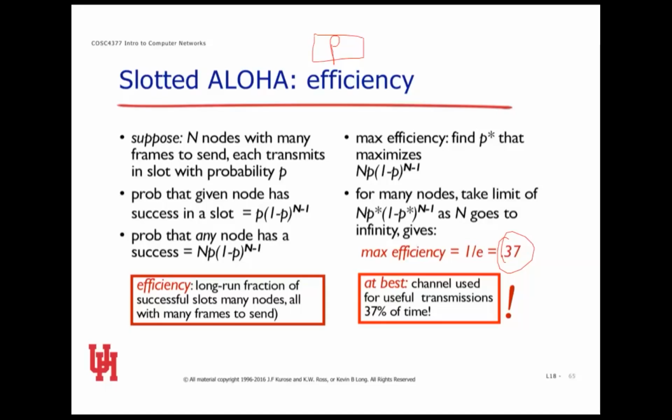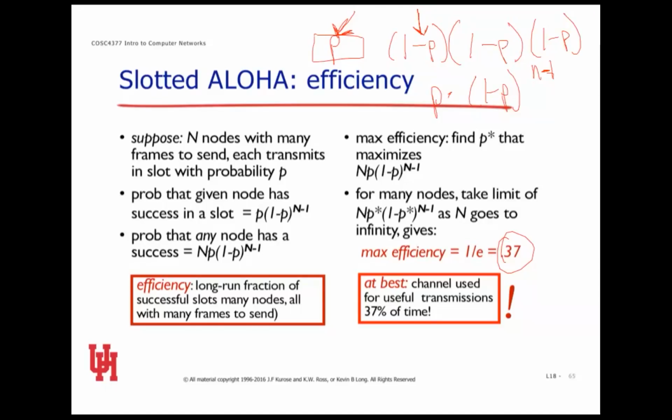Well, if there's one other user on the network, their probability is 1 minus P. And if there's somebody else, their probability that they won't transmit this frame is 1 minus P. Because if P is the probability that you will, then 1 minus P is the probability that you won't. And if there's N total users on this network, then you're going to have N minus 1 of these that have to happen. So it's P times (1 minus P) to the N minus 1. And so you can calculate that for given values and figure out what it's going to take to get something to do it.